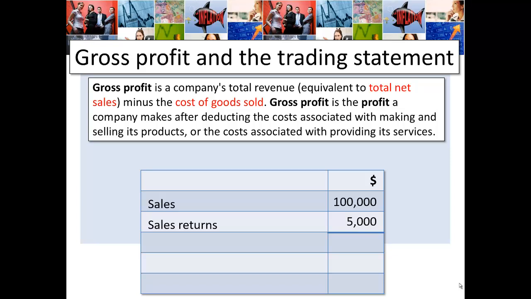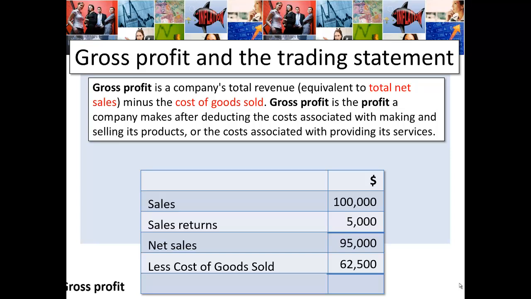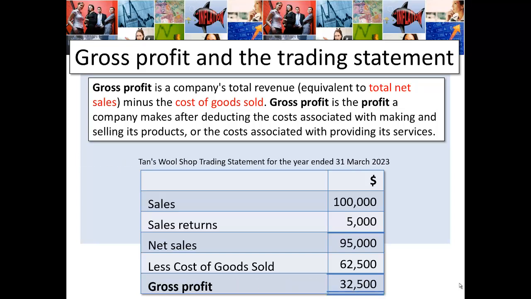So for example, sales of 100,000, sales returns 5,000, that must be net sales of 95,000. From that, the cost of goods sold is subtracted, determining the firm's gross profit. Sales less sales returns equals net sales. Net sales less cost of goods sold will give the firm's gross profit.